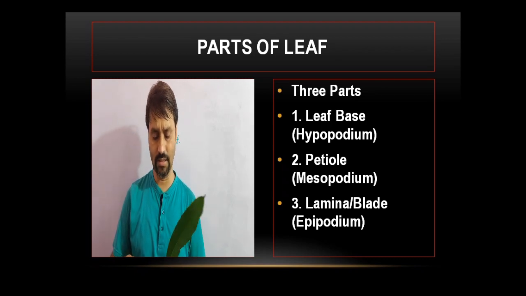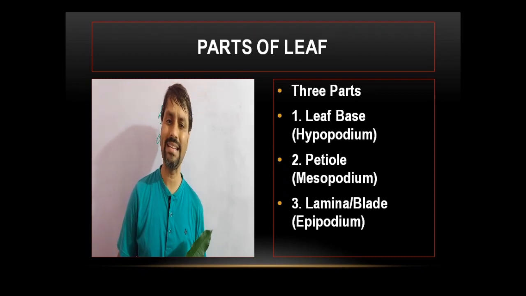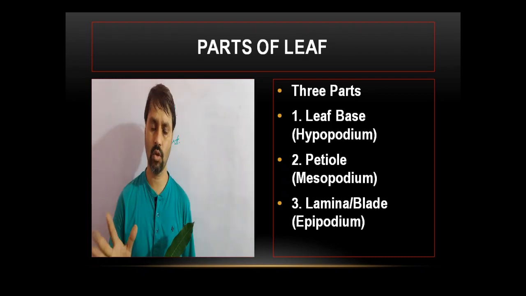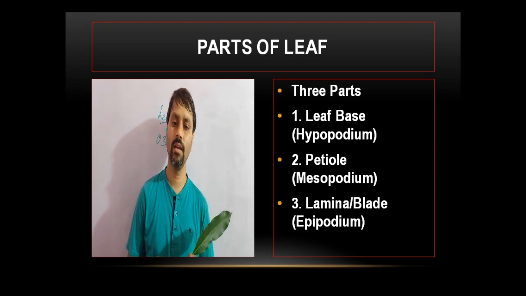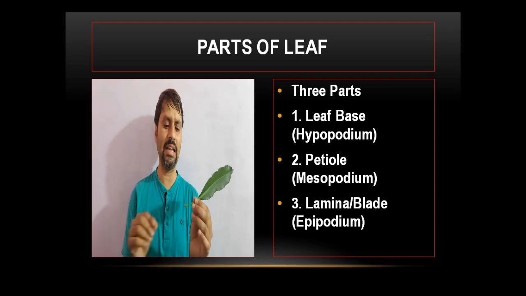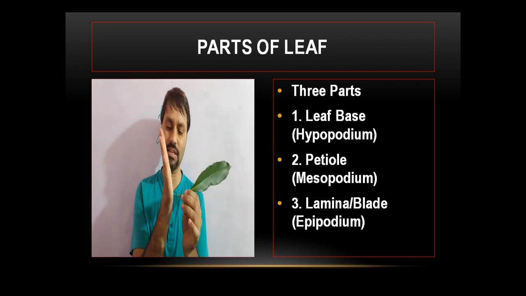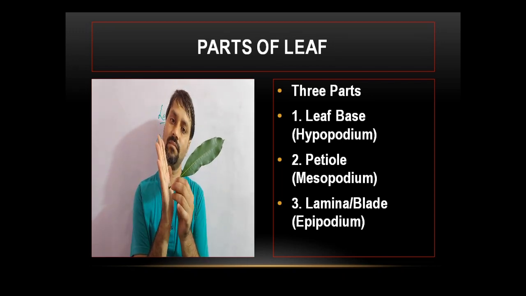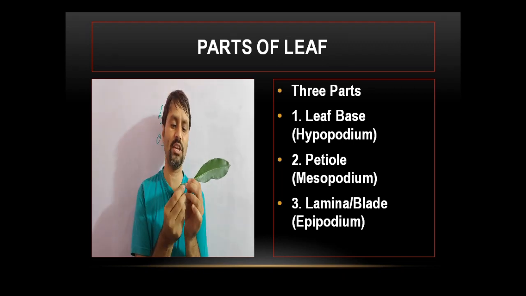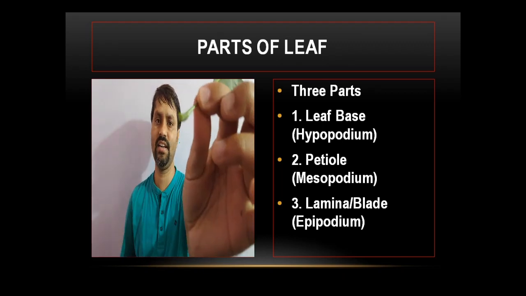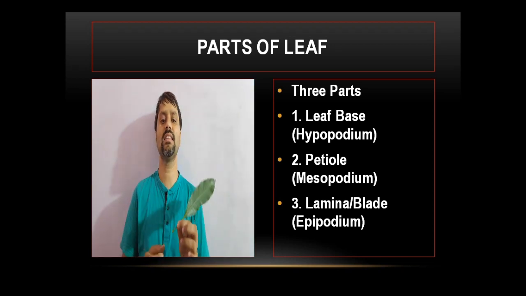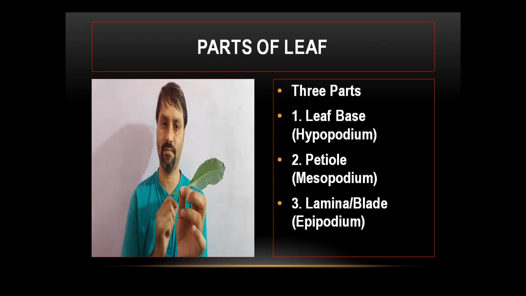One is the leaf base or hypopodium. This is the part of the leaf with which the leaf is attached to the stem. Usually it is a swollen one. See here, it is usually swollen. This is the leaf base or the hypopodium.